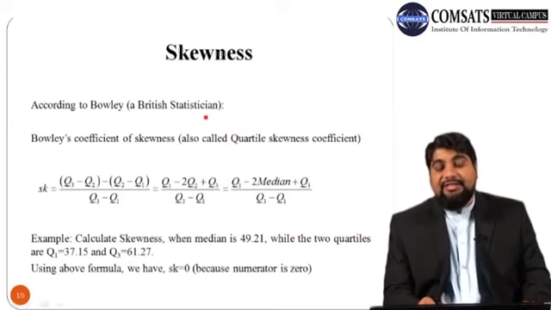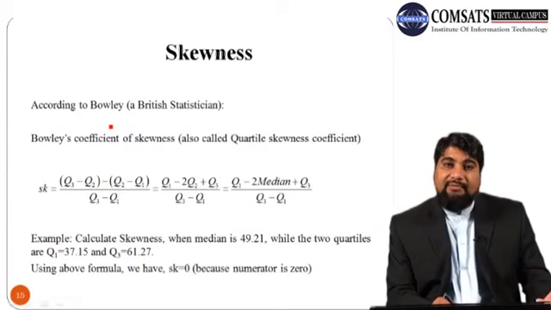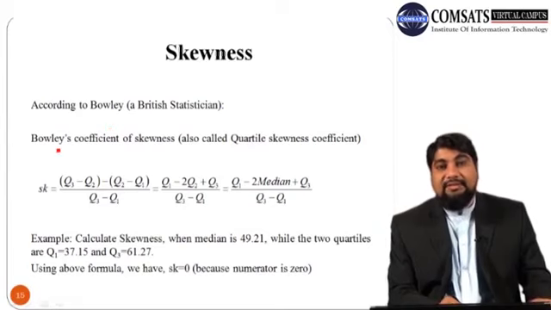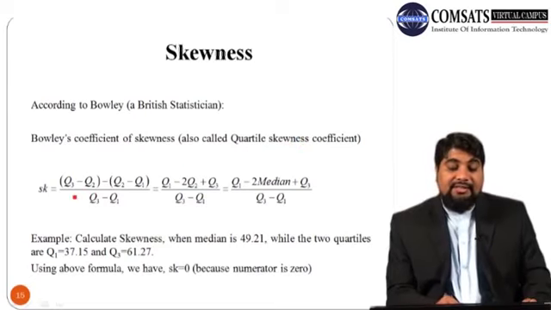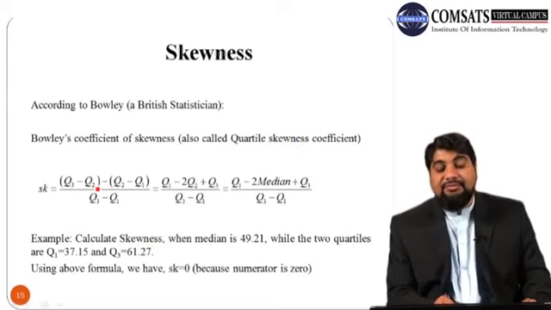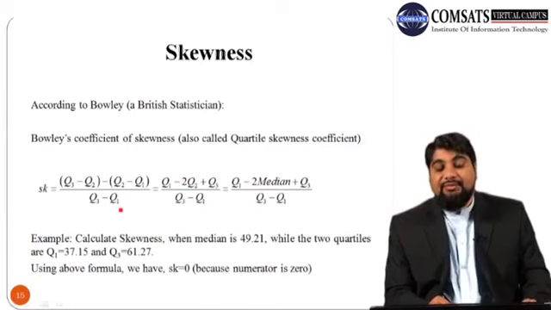A British statistician, Bowley, provided another variant of the measures of skewness. Another formula provided by Bowley is known as Bowley's coefficient of skewness, which is also called quartile skewness coefficient, and this is Q3 minus Q2 minus Q2 minus Q1 whole divided by Q3 minus Q1.